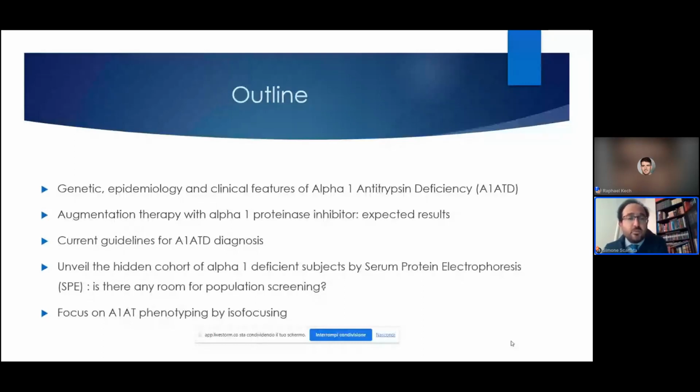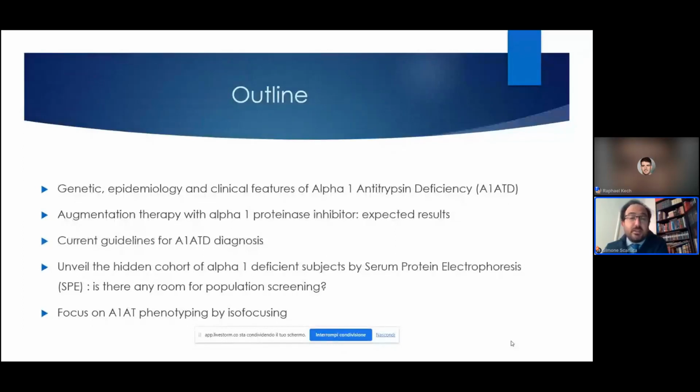I will try to guide you through the recommendations and guidelines leading to a proper alpha-1 antitrypsin deficiency diagnosis, and I would ask you if there is any room for population screening in order to unveil the large hidden cohort of people with alpha-1 deficiency by using instruments such as serum protein electrophoresis or even isofocusing.